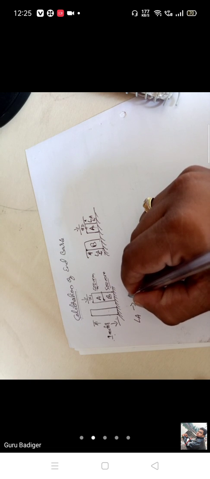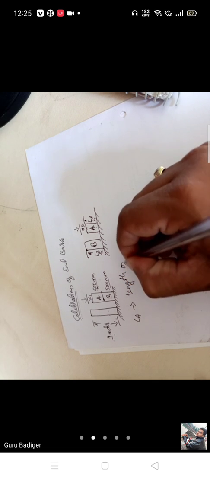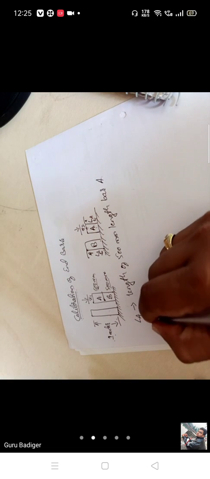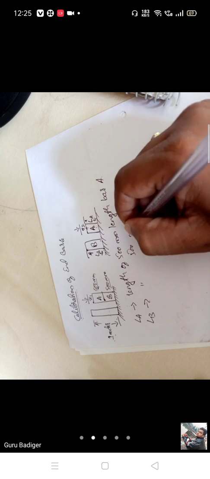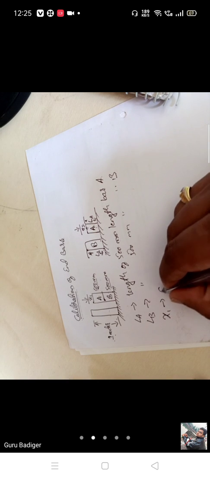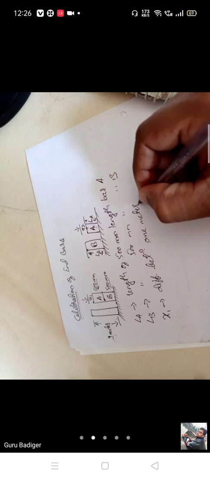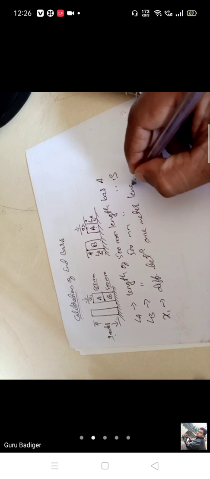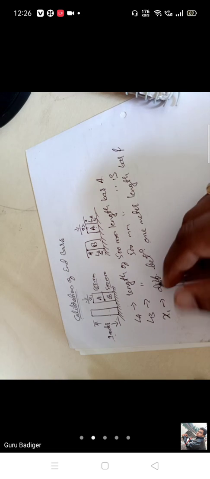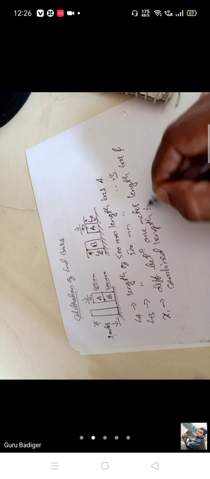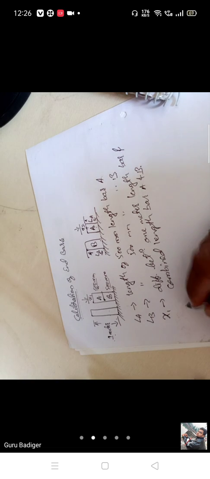LA is nothing but the length of 500 mm length bar A. LB is the length of 500 mm length bar B. So here x1 is the difference between the 1 meter length bar and the combined length bars A and B.